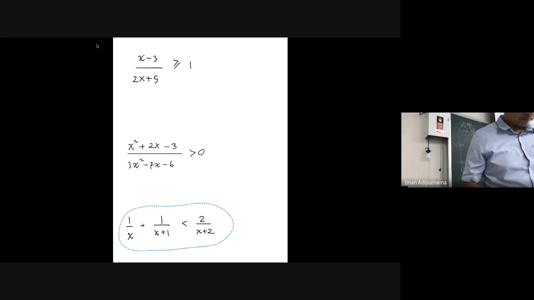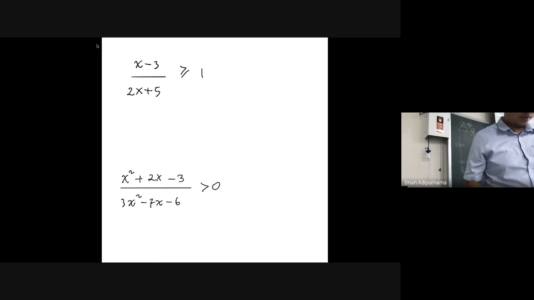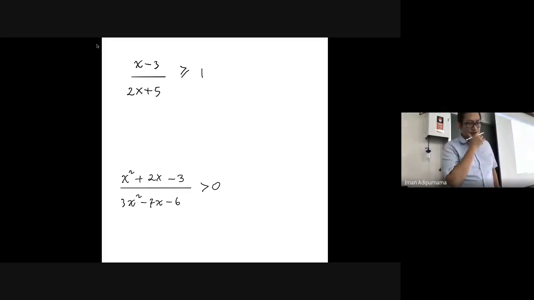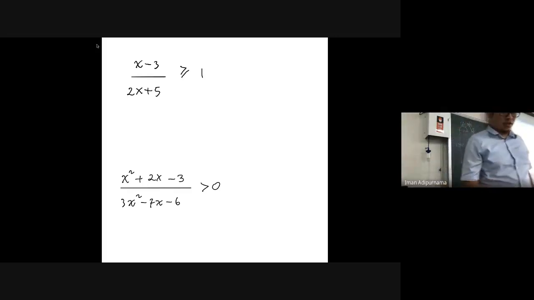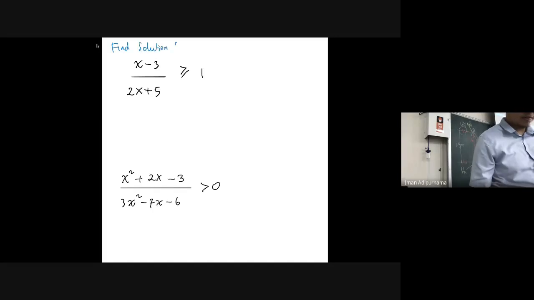Let me move to here and just start with these two first. The first one, the question is to find the solution for the inequality.